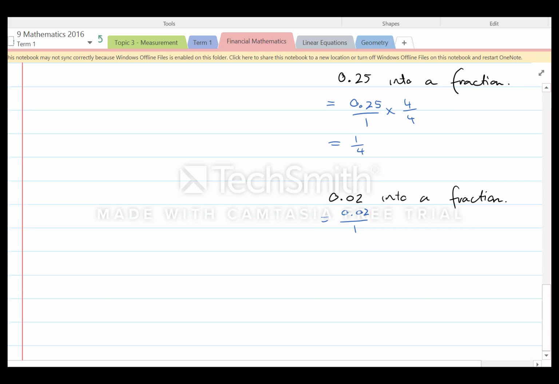So that's what we're going to do, and we end up with 2 on 100. Then it's just a matter of simplifying. We know we can divide top and bottom by 2. So we've got 1 on 50. And there we have it. We've got 0.02 converted into a fraction.